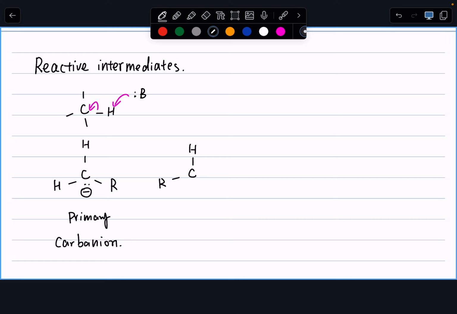Alternatively, if you have 2 R groups attached to the carbon, this one is secondary carbanion.